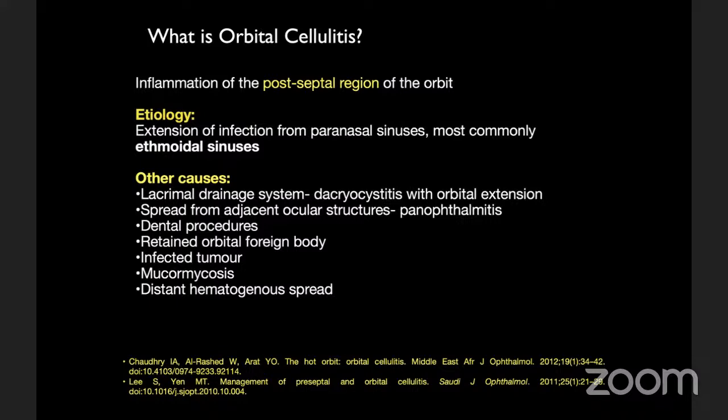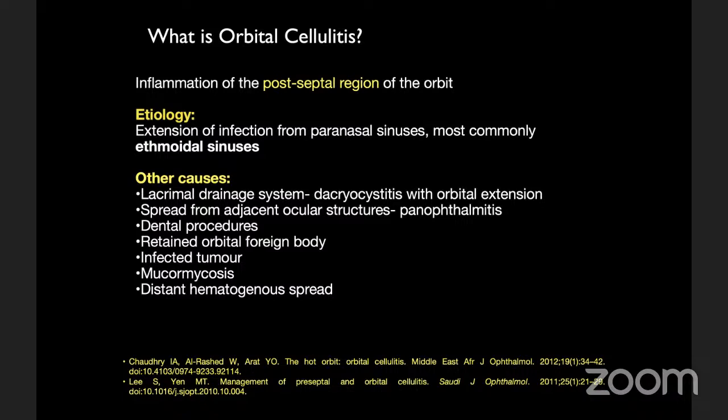That is, in a setting of panophthalmitis, it can be associated with orbital inflammation as well. Any dental procedure where an infective focus gets initiated via that route, and that spreads into the orbit and causes orbital cellulitis, or a long-standing retained orbital foreign body which can elicit an inflammatory reaction.